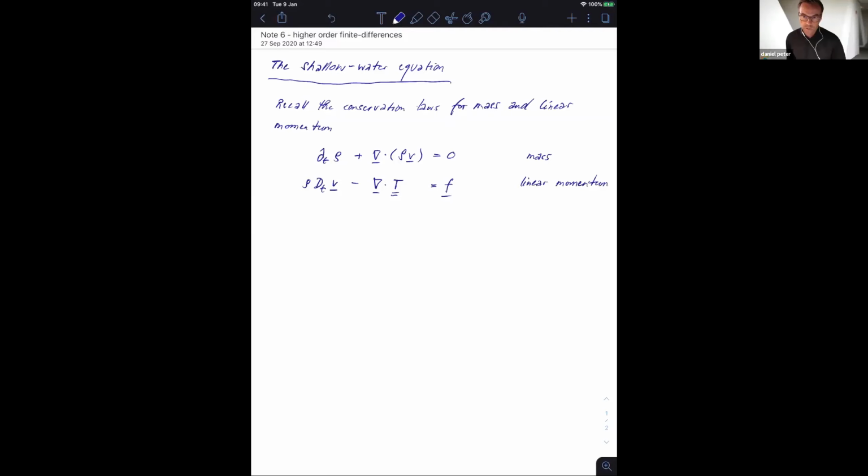So when we look at the shallow water equation, the forces here are forces due to gravity. So what we consider as a volume force due to gravity.